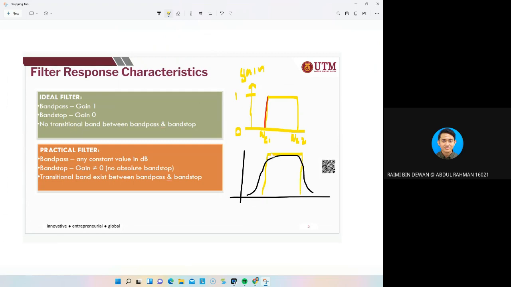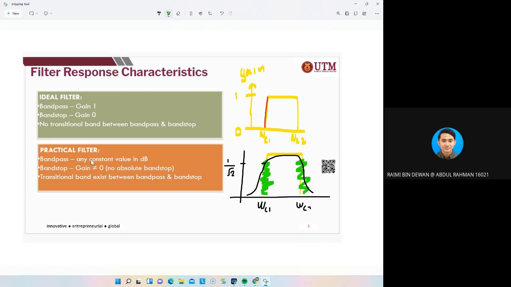And there is a drop by a factor of 1 over square root of 2. This is our omega C1, and this is our omega C2, and this is the region at which there is a transition. You can see it does not really drop directly. Here, this is the transition.